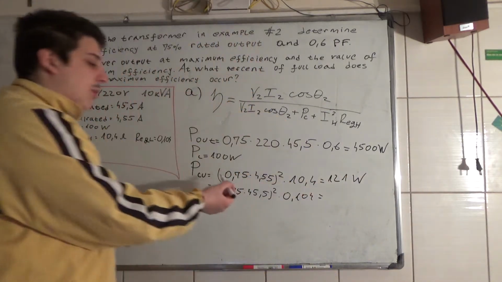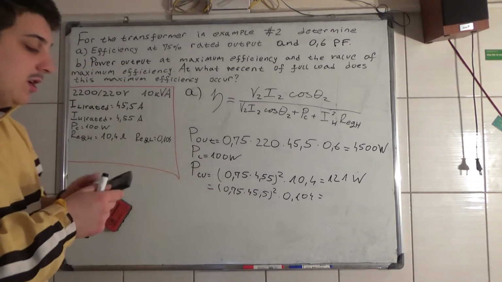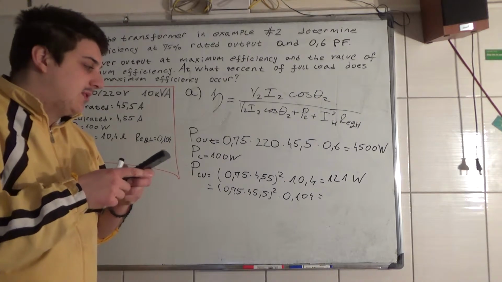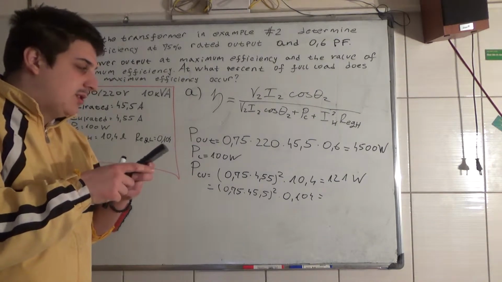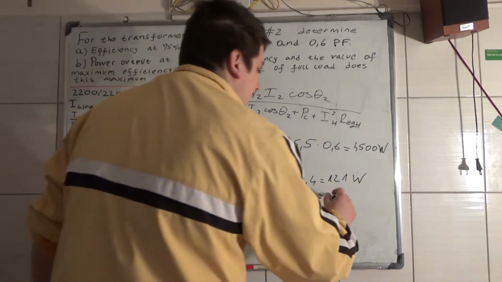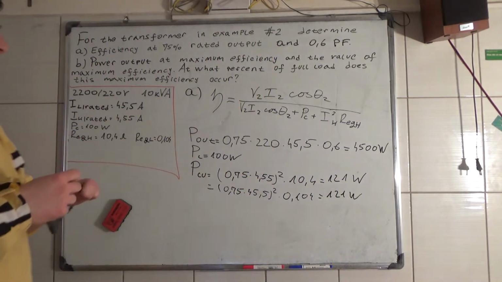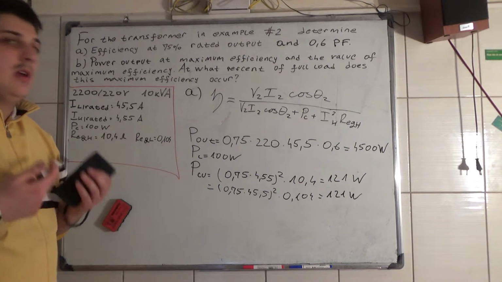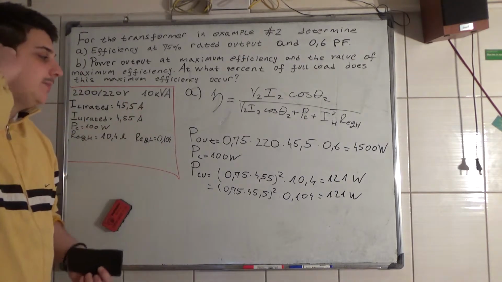So this is from the high voltage side, but you will see that it is the same from the low voltage side. So 0.75 times 45.5, squared, times 0.104, and you also get 121 watts of power. So it doesn't matter from which side you use it, you just have to know what you are doing.